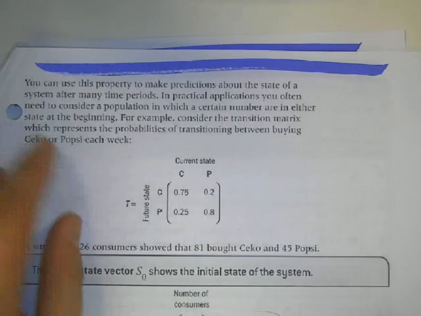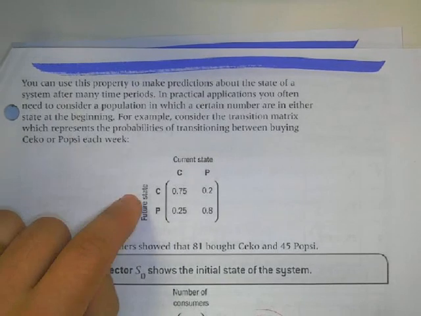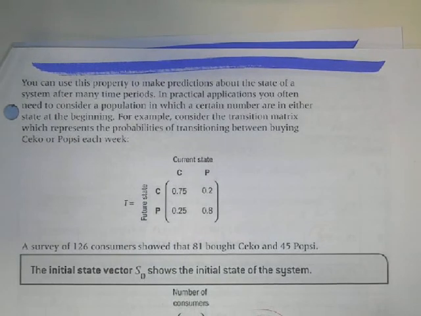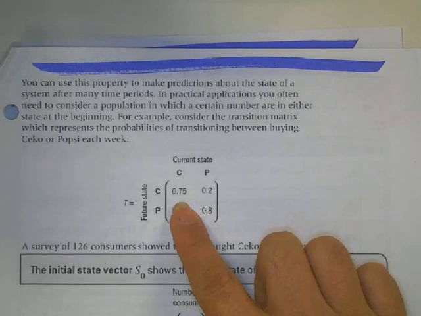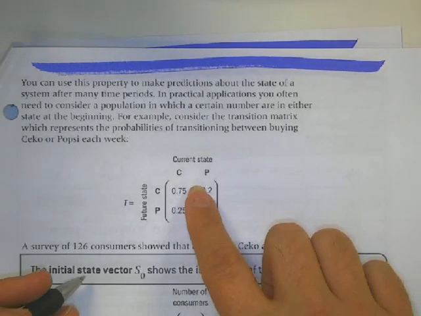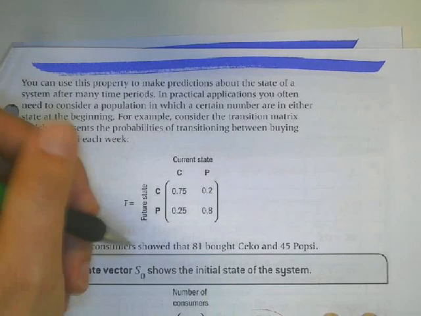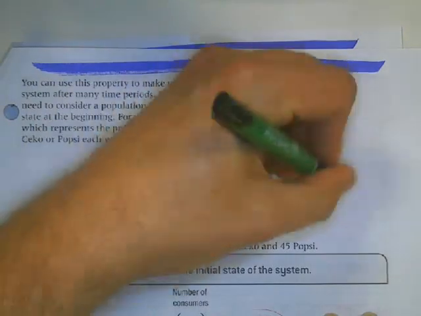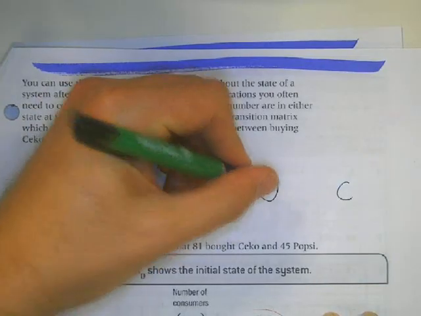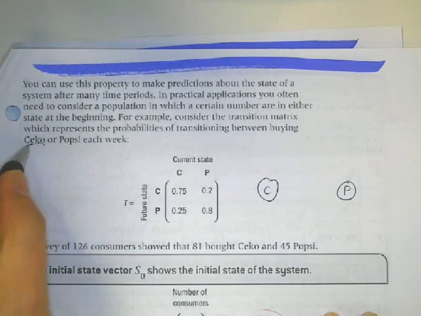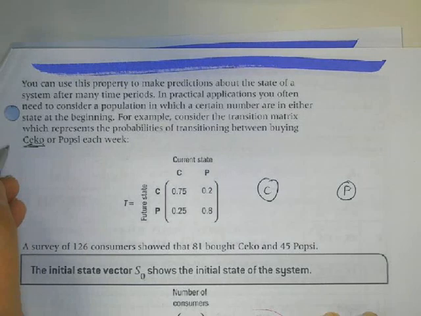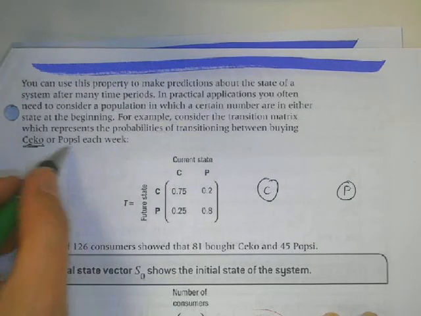Somebody asked me about this one earlier today, so I'm just going to draw it and talk about it. So I've got the current state and the future state. Here C stands for Coca-Cola and P stands for Pepsi.